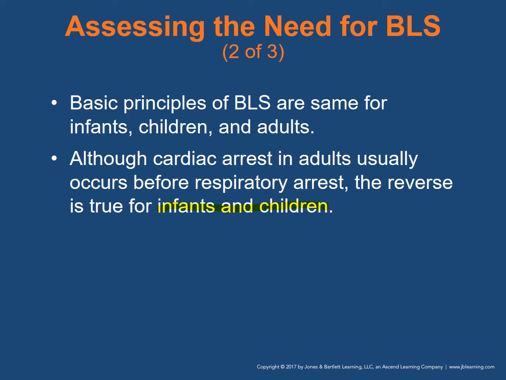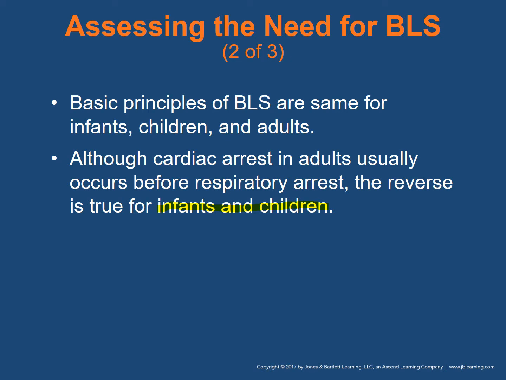But we know that the heart's ability to work and its ability to survive is contingent upon the ability for the respiratory system to work and perform its function. So in infants and children, we put such a high emphasis on their respiratory system because if that fails, then the heart muscle can only survive for so long without that oxygen intake and CO2 output that only happens in the lungs.